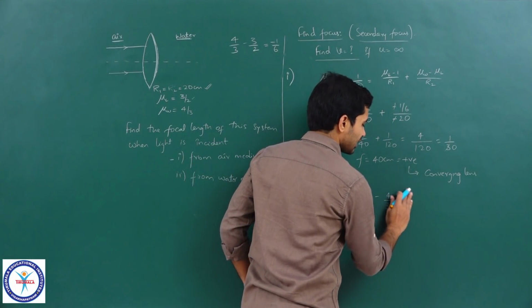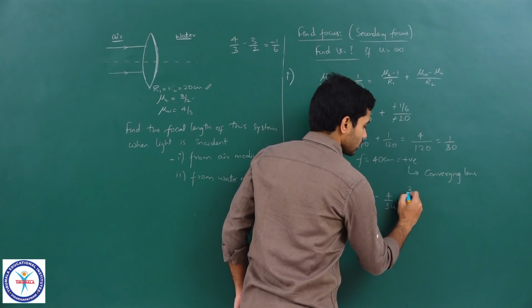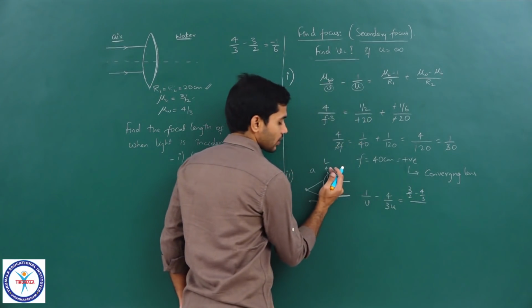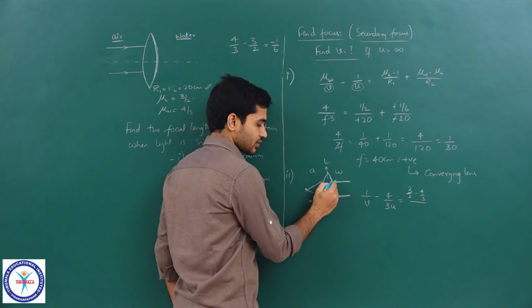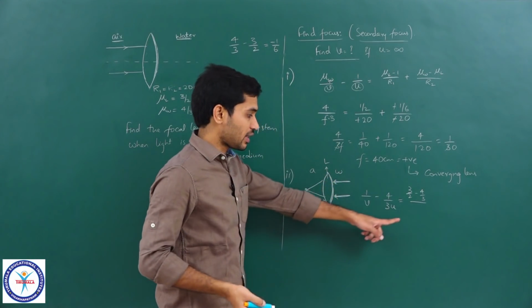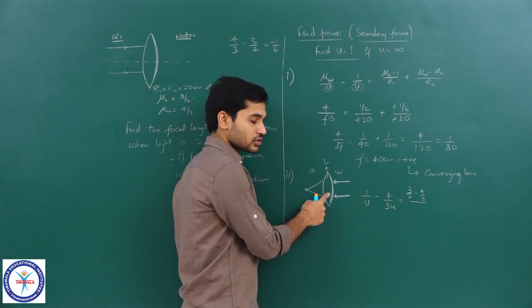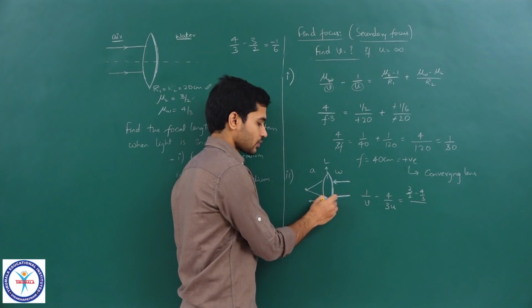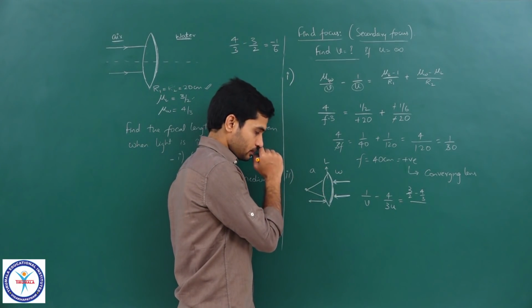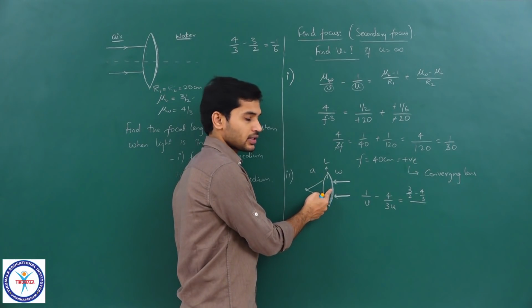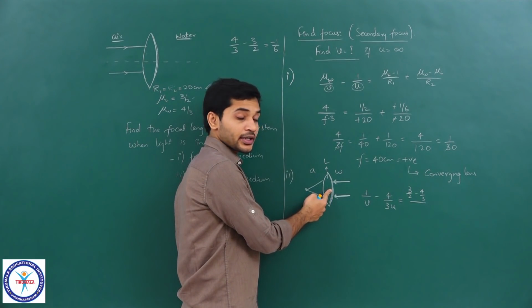So mu lens, let me write the values itself. 3 by 2 minus 4 by 3 divided by R2, I should be writing R2 here, but let us substitute the value directly. So what is the value I should substitute for this? The value is 20 centimeters, but is that 20 positive or negative?